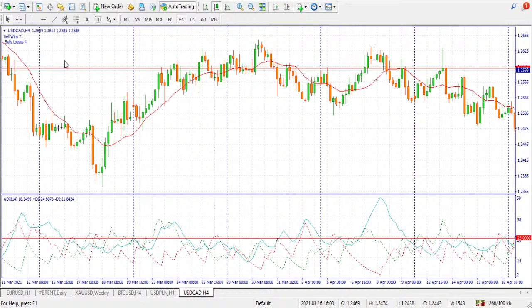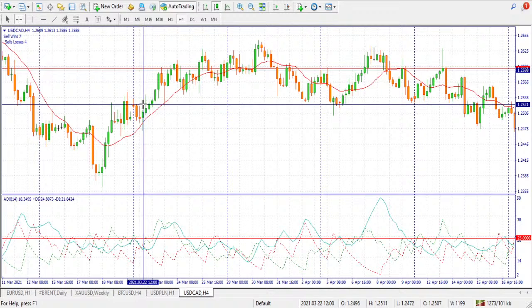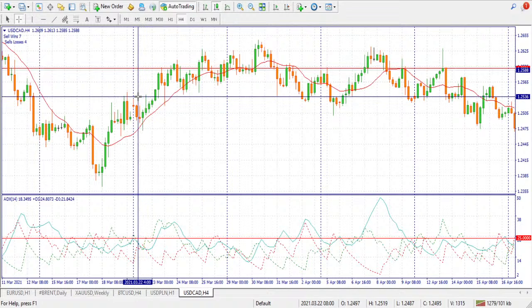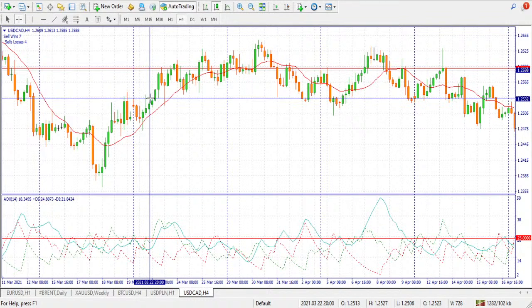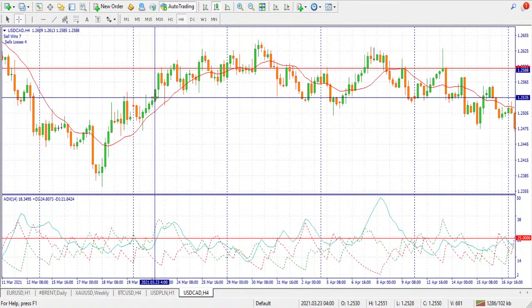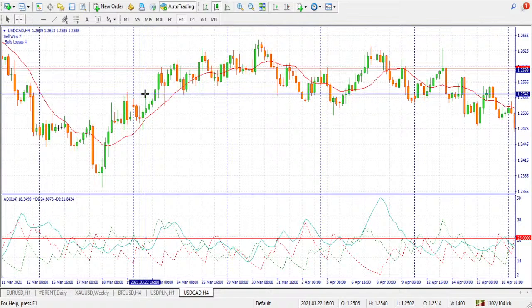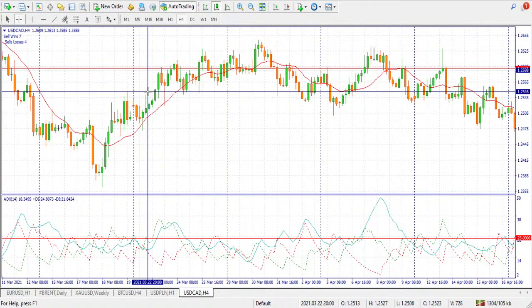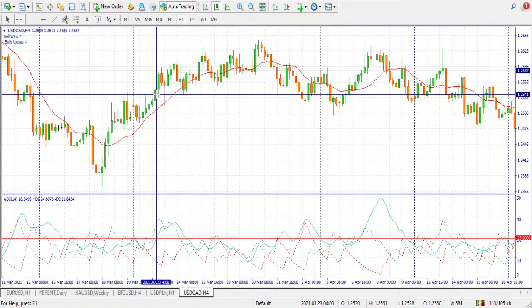So in this case, from this instance here, we had the green line above the red line, and for some time the blue line was below 25, and then it went above 25 around 4 in the morning. So we can see that the blue line was below 25 until 4 in the morning, when it eventually crossed above 25.